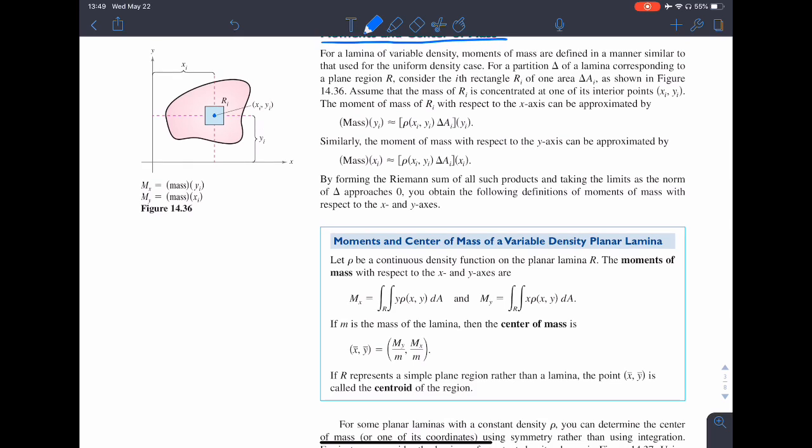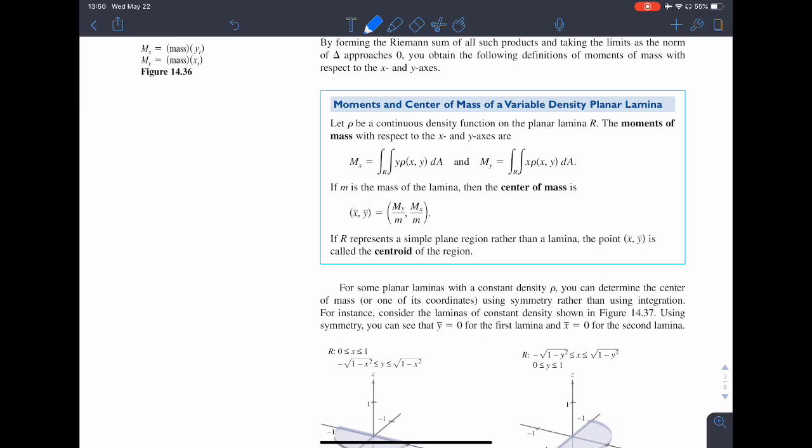So let's first define how to find the moments and center of mass of a variable density planar lamina. The moment with respect to x is Mx equals the double integral over the region R, dA, and inside is y rho of x, y.